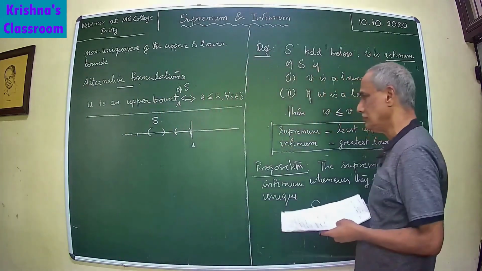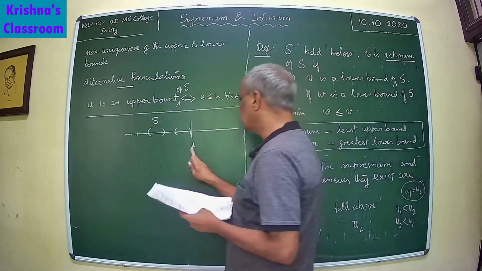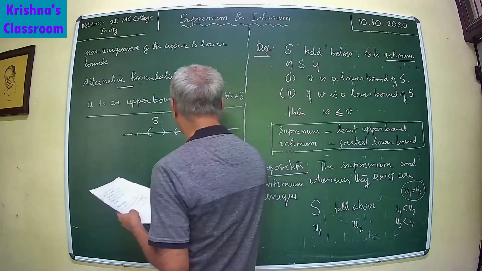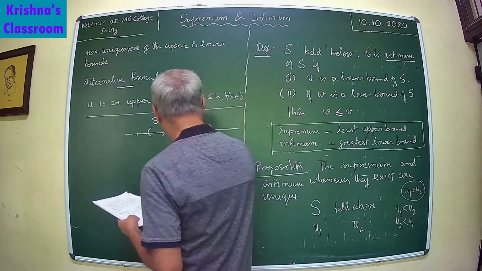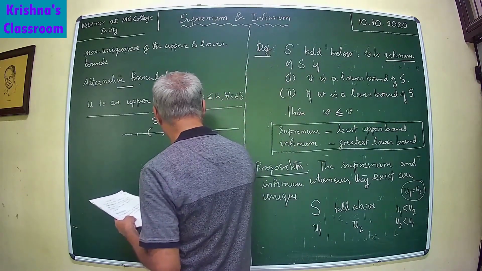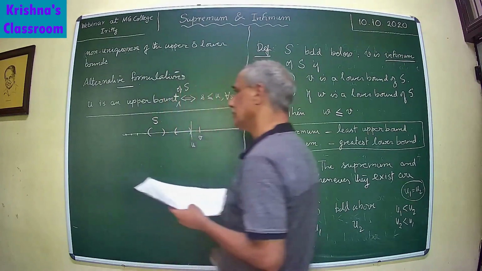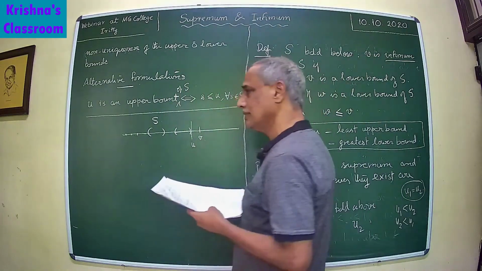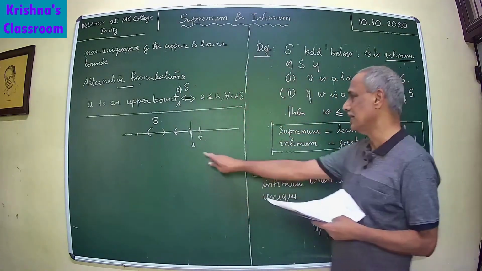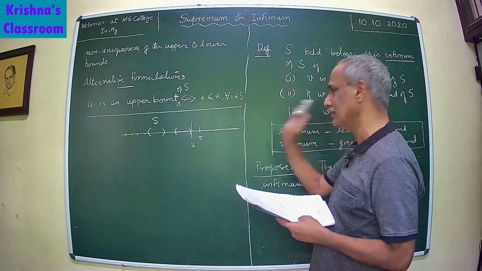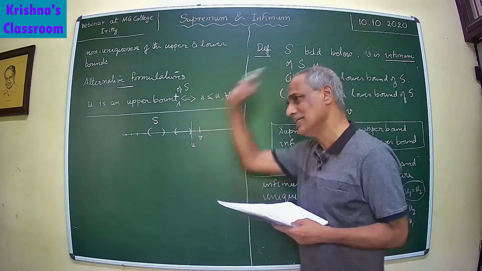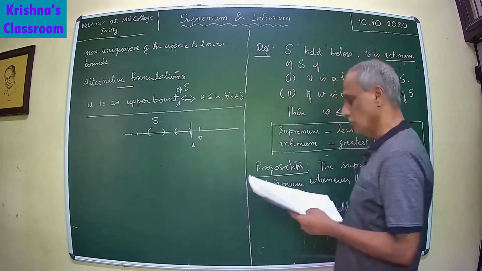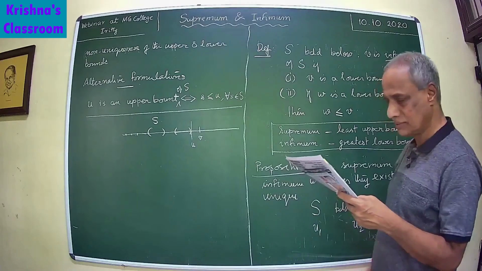Now, what do you mean by this being the least upper bound? It means if you take any other upper bound, V, then certainly U is less than V. So U is less than any other upper bound of this. This is the meaning of U being the least upper bound. Which other forms can you have?